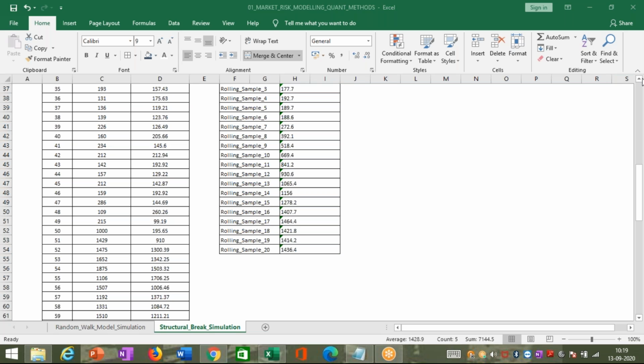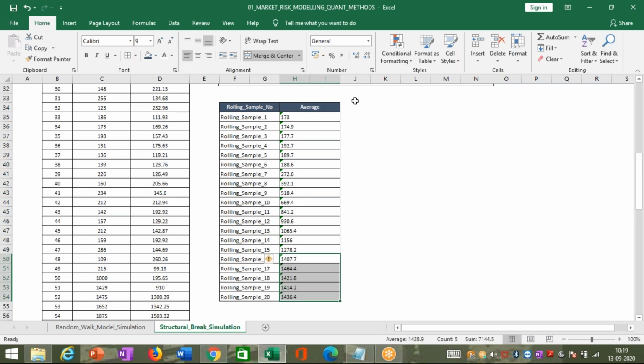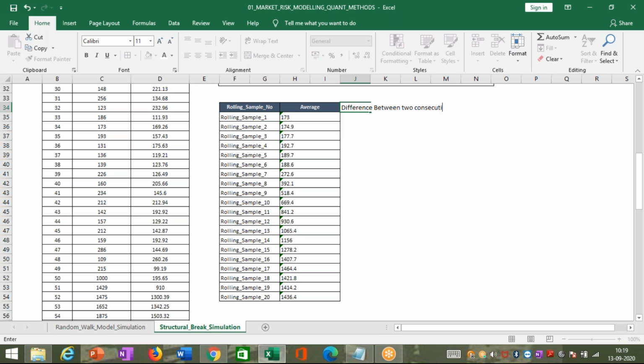So we'll just check the difference between two consecutive rolling sample means.